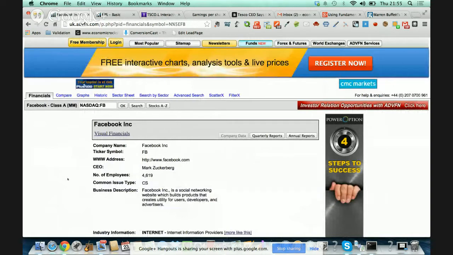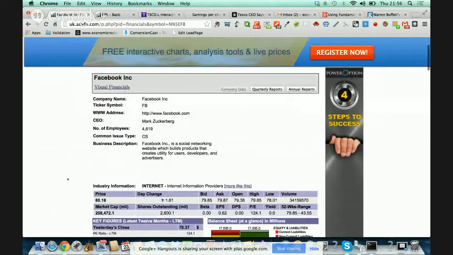Tesco has high levels of assets, more tangibles than intangibles, whereas Facebook, I think, would have the opposite. They'd have more intellectual property, a lot of software and so on. So you may have more intangibles relative to tangibles. So Facebook being a kind of a software company as opposed to a bricks and mortar company like Tesco, it'd be interesting to see the differences between the two.